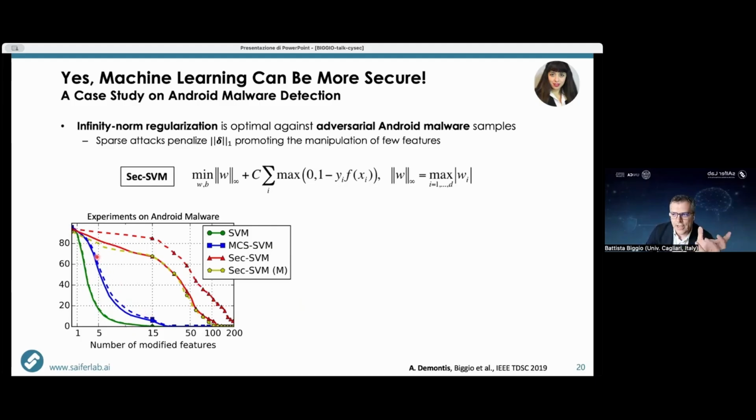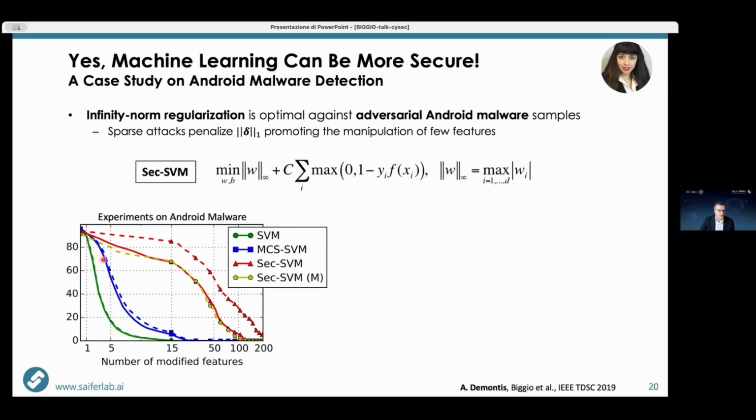You see that averaging multiple classifiers gives you some more robustness because the detection rate degrades more gracefully, but it's not much more than what you have in the initial stage. The red curves are instead the models that we regularize with this optimal regularization term, and you see that they are much more robust, meaning that you need to modify many more components than in the original case to bypass detection.